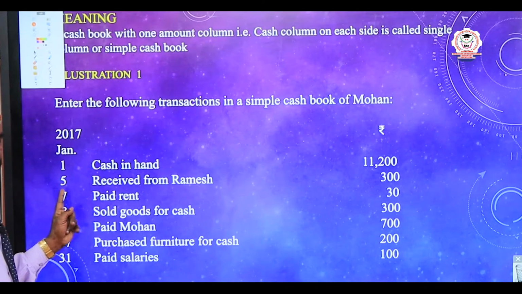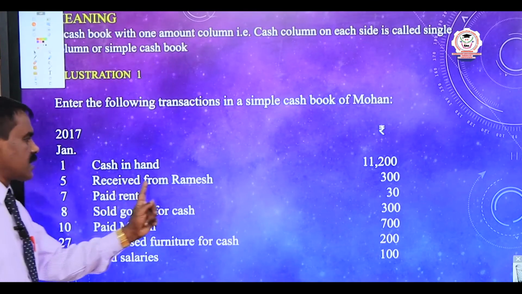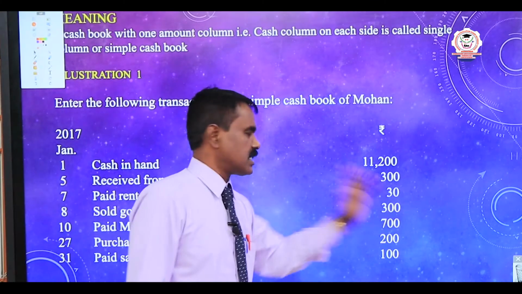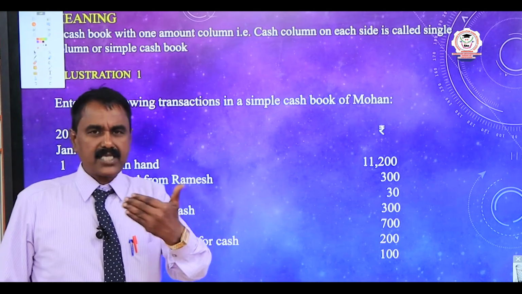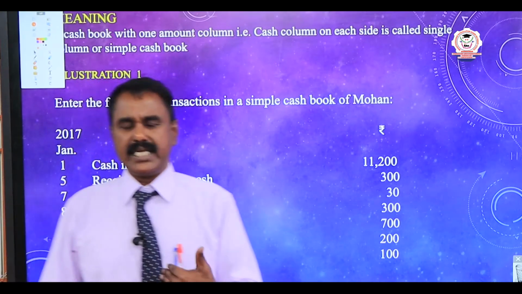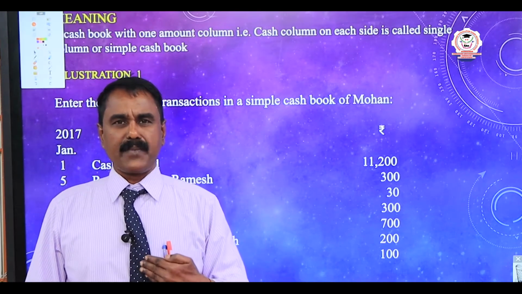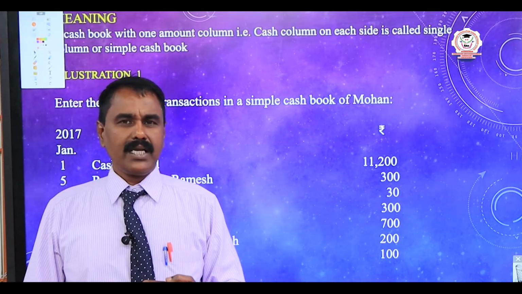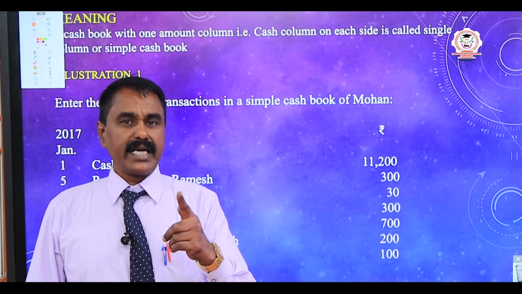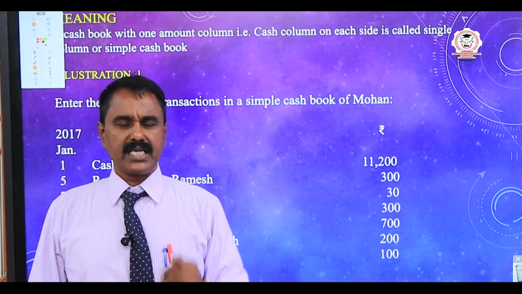January 5th, received cash from Ramesh 300. That means cash is coming into the business. According to the real account rule, debit what comes in.